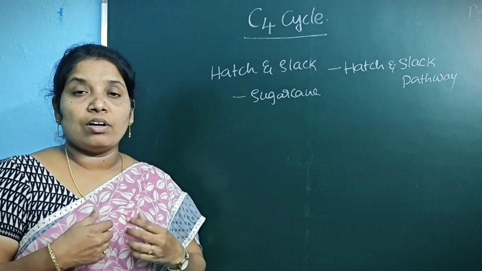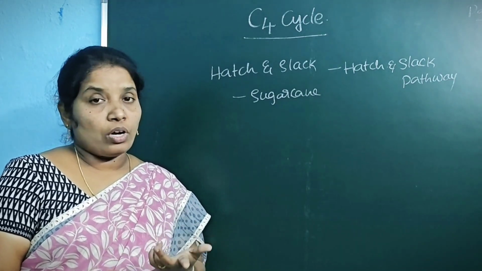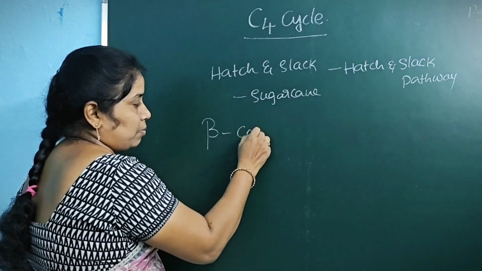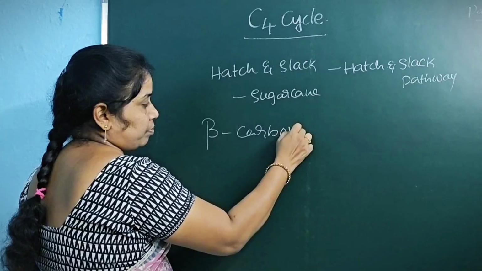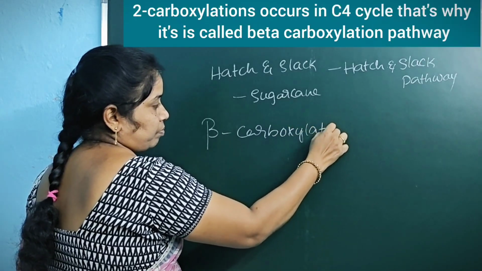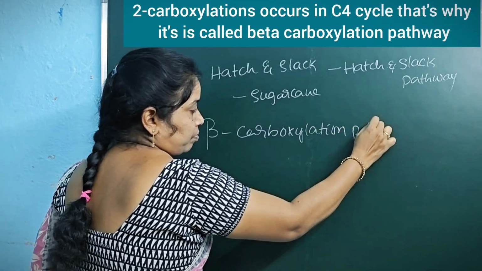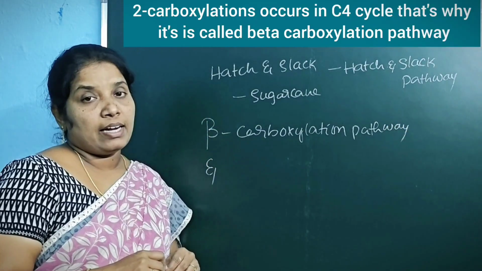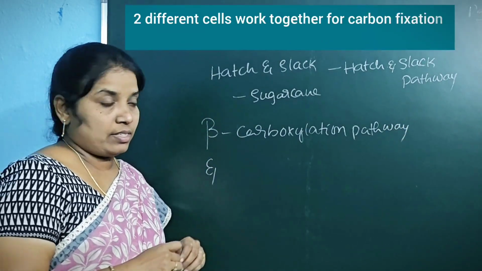This cycle also has two other names: beta carboxylation pathway and cooperative photosynthesis.